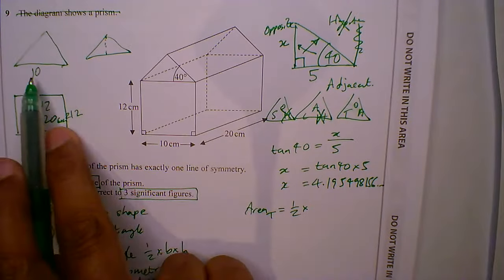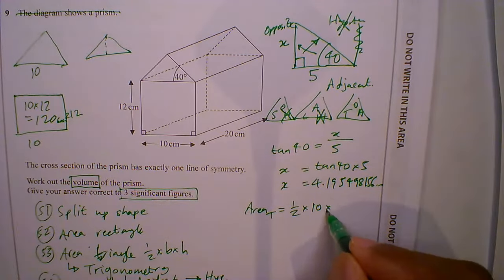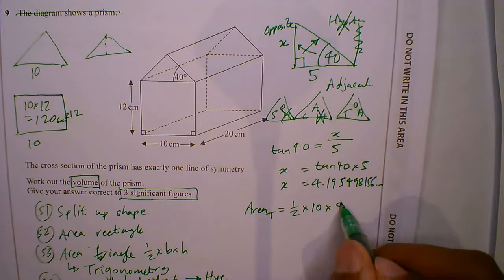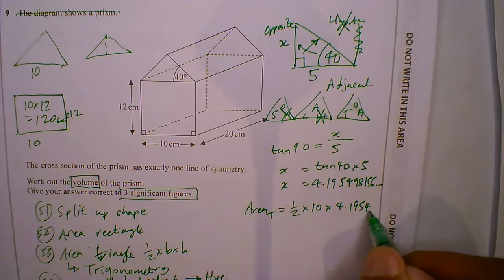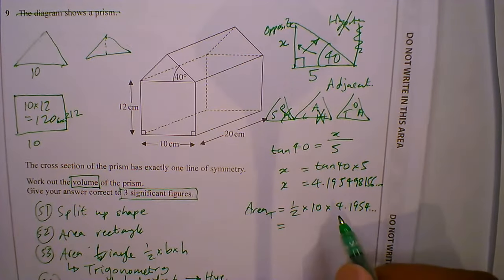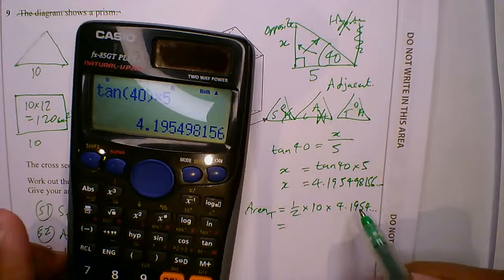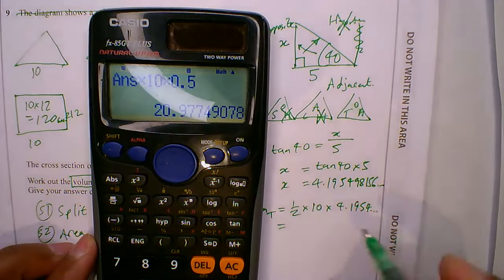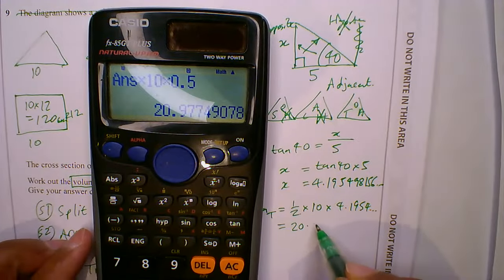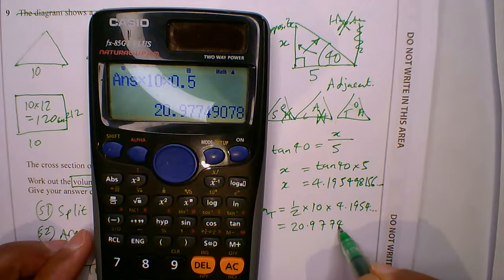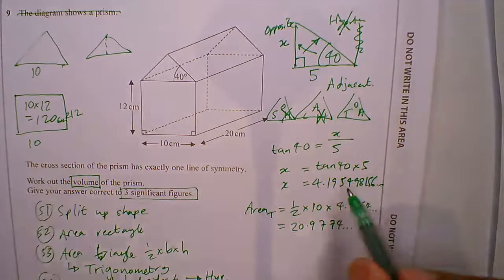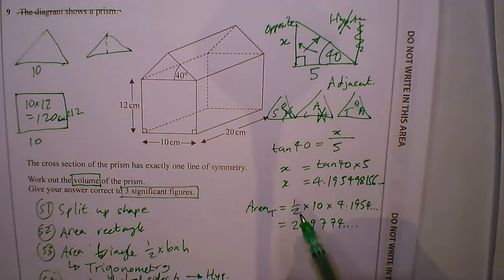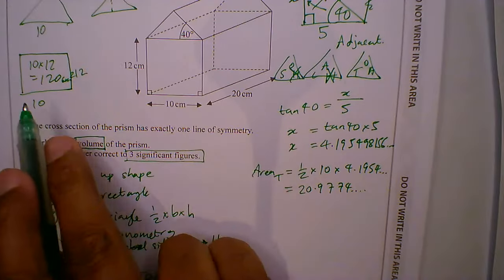The base of the triangle was 10, and the height is what we just worked out now, 4.1954... So I use my number times by the base, which is 10, and then divide by 2 or times by 0.5, half. That gives me 20.9774... So that's the area of a triangle, and I now need to add this to my other area.